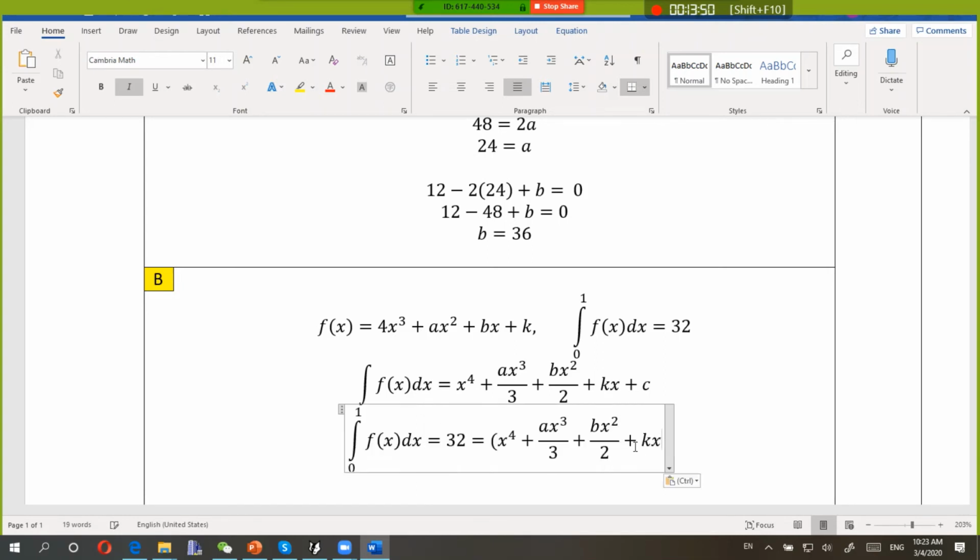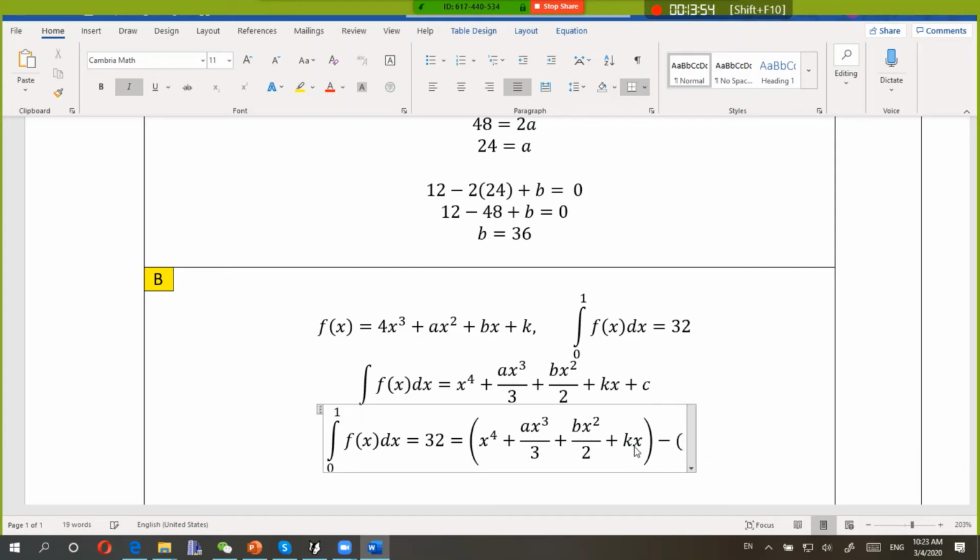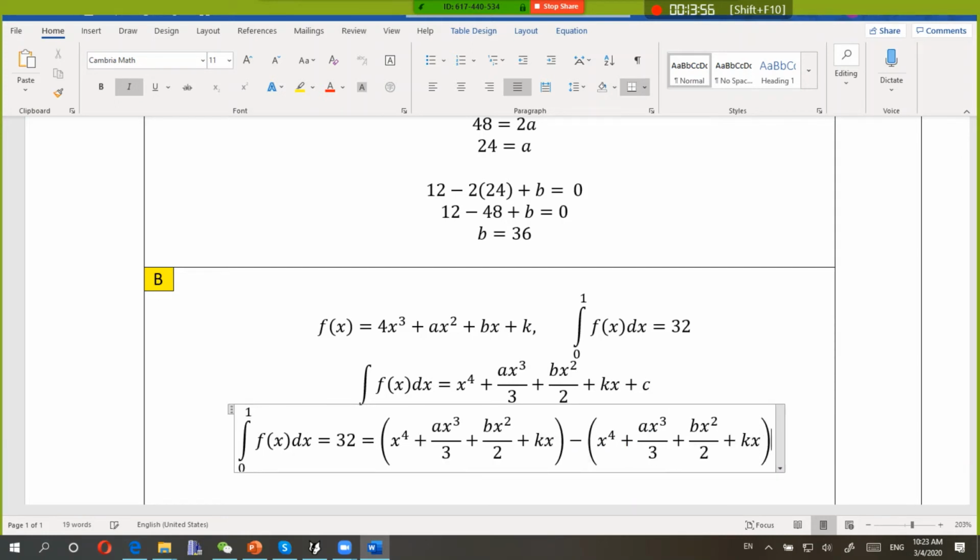So I'm going to do my upper bound first, and then we'll subtract our lower bound. And I'm also going to substitute for A and B. So we said A is 24, B is 36.